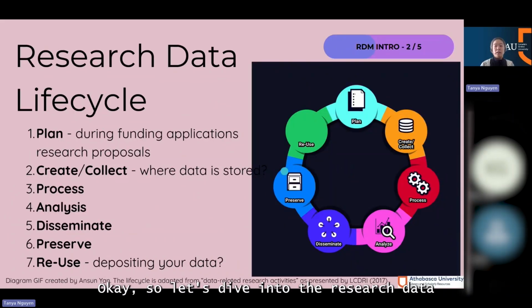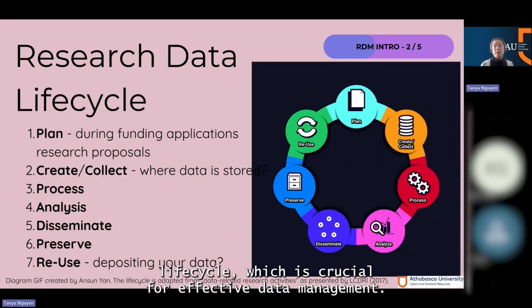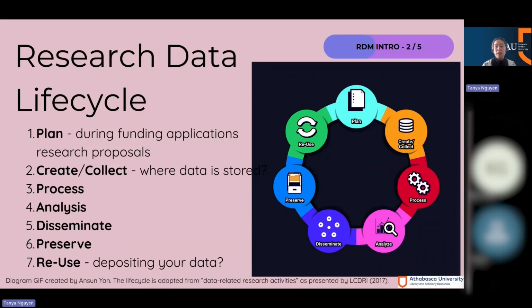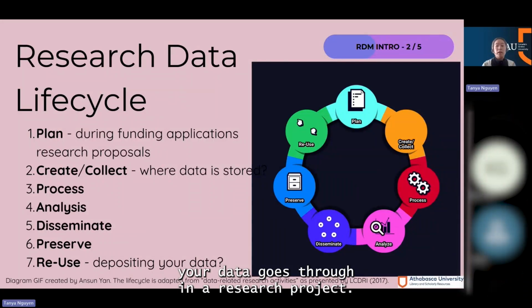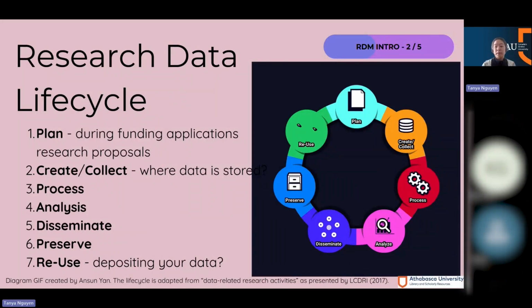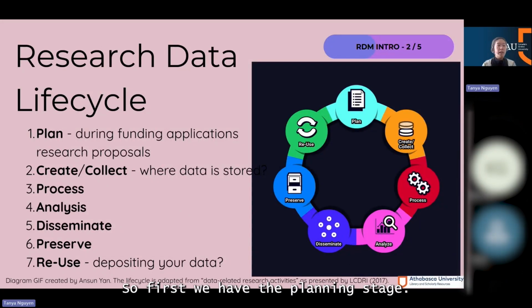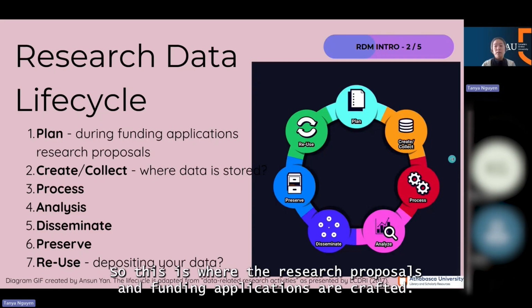Okay, so let's dive into the research data lifecycle, which is crucial for effective data management. This life cycle outlines the stages your data goes through in a research project. First, we have the planning stage. This is where the research proposals and funding applications are crafted.